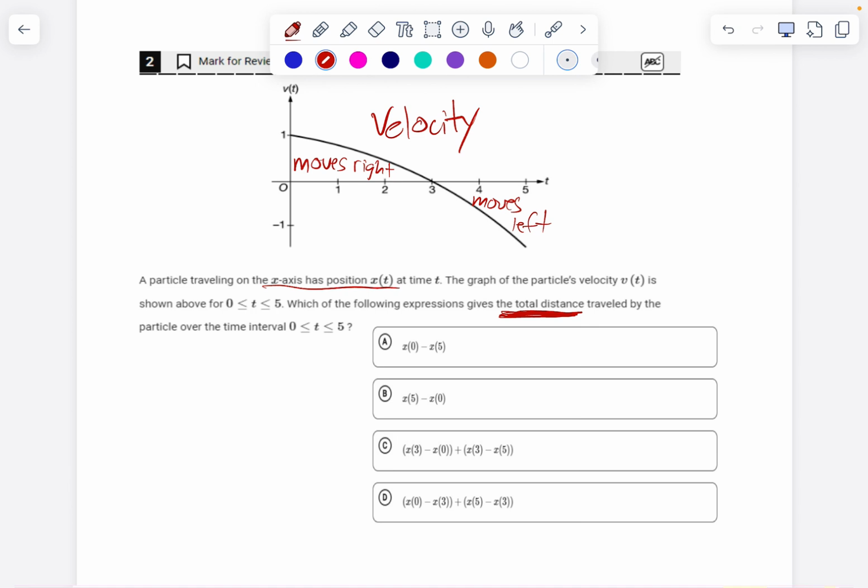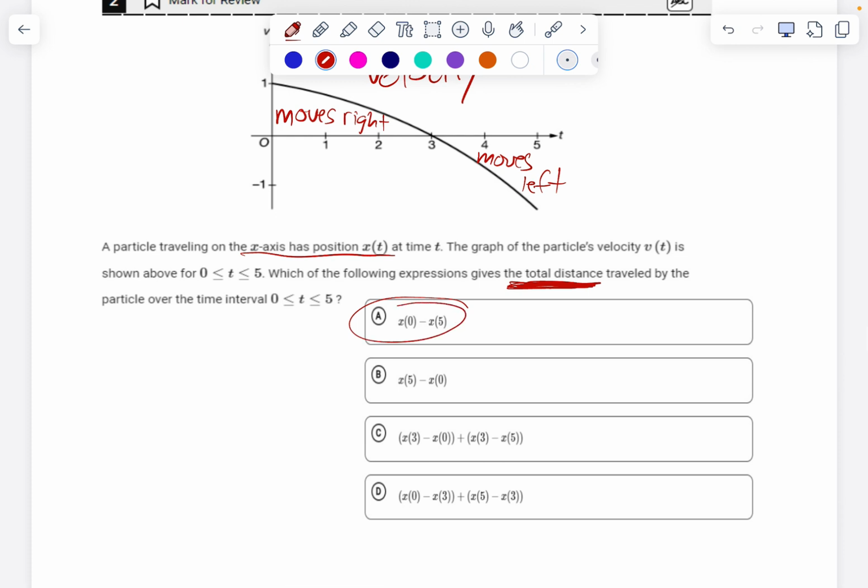And again, this is velocity, which doesn't tell us how far it's moving. The position function does, x. So which one of these options is telling us the total, considering we're moving right and left during the 5 seconds? Well, let's just take them one at a time. What would this first one say?